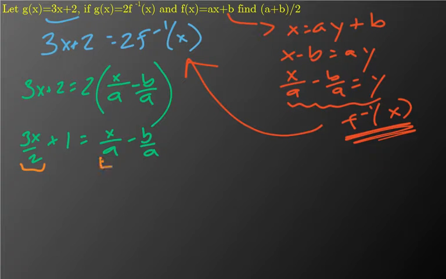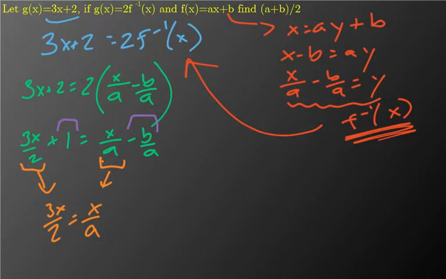There's only one x term here, one x term here, so this has to be equal to this. Likewise, this has to be equal to this, right? So if we use the orange stuff first, we know 3x over 2 has to be x over a, right?